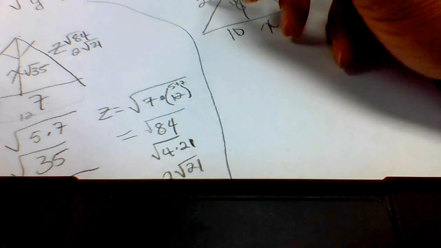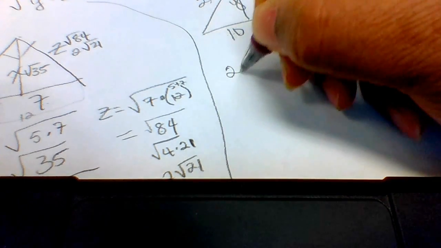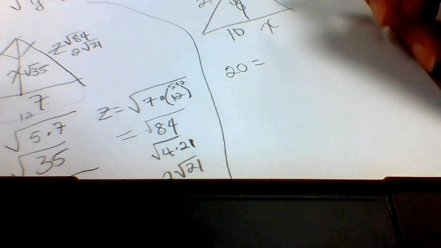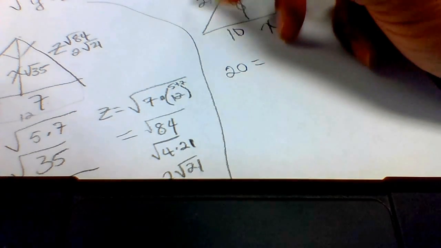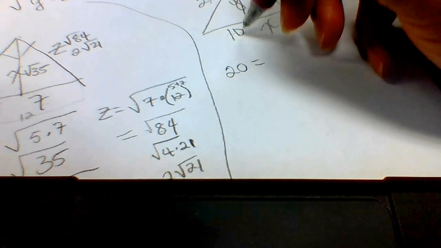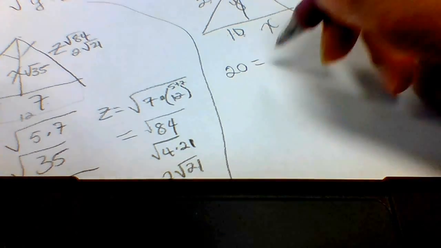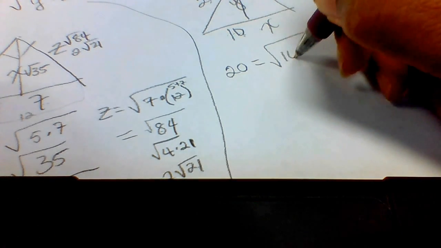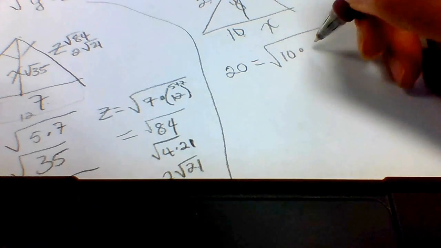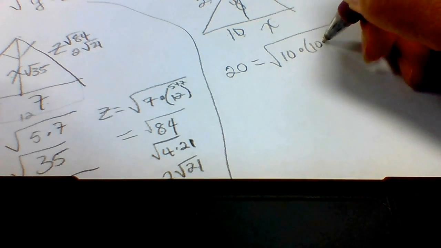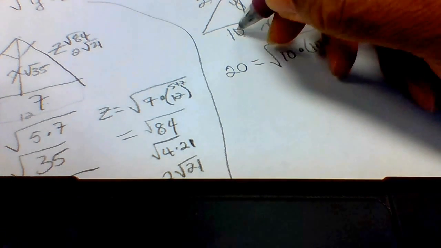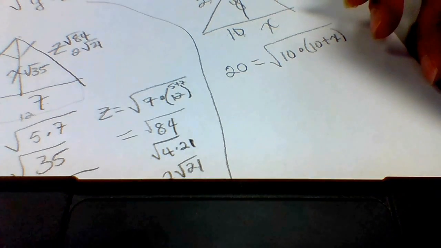So this is the outside. So I would say 20 is equal to the square root of, because I'm trying to find the outside, I have to do the closest base, which is 10, times the total amount, which would be 10 plus x. This number plus this number.